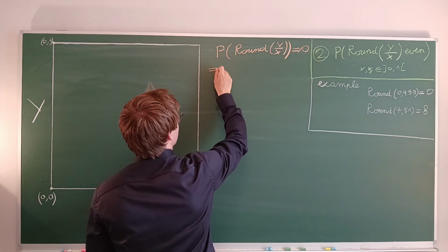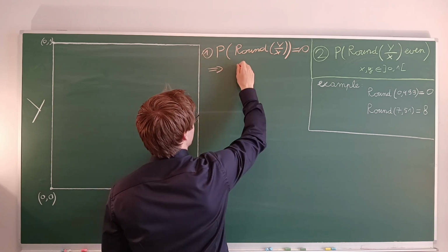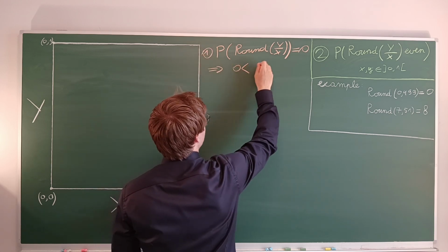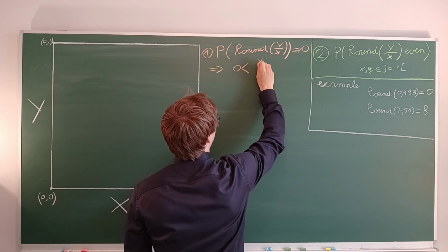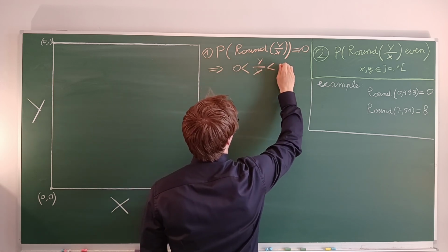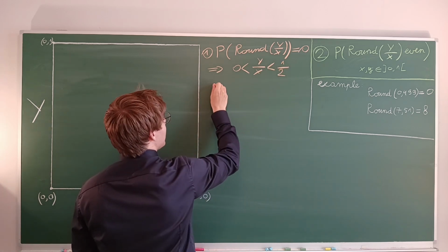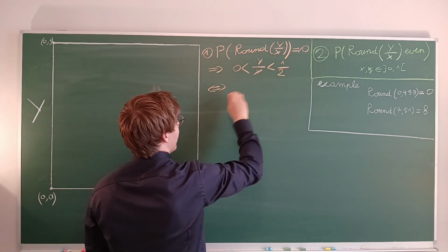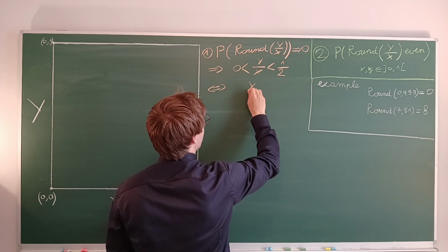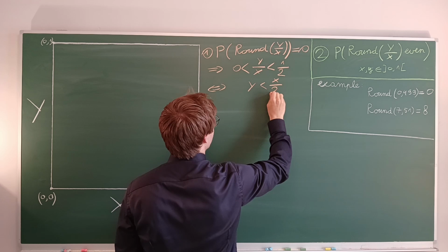Now that means that 0 is less than y over x is less than 1/2. Now this means that y is less than x over 2.